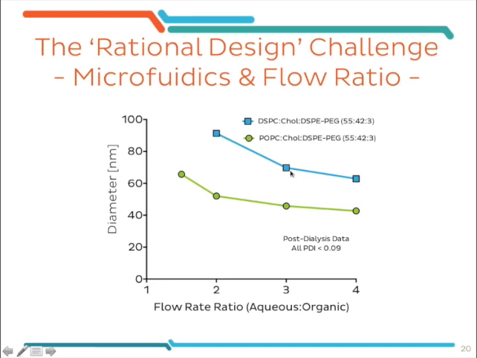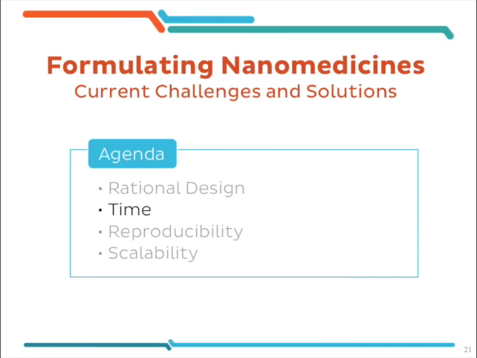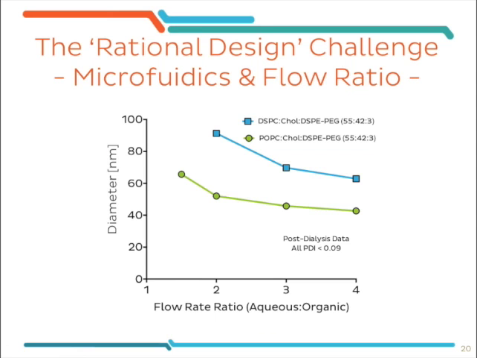So one thing to observe is that the liposome formulation represented in blue contains a stiffer lipid, which is DSPC, and it has a natural tendency to form larger vesicles because of that stiff lipid. And the liposome formulation marked in green here, the lower liposome formulation, contains a more flexible lipid, the POPC lipid, that has a tendency to form smaller particles.